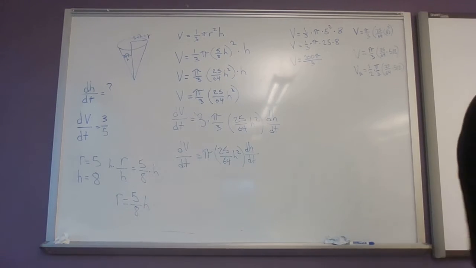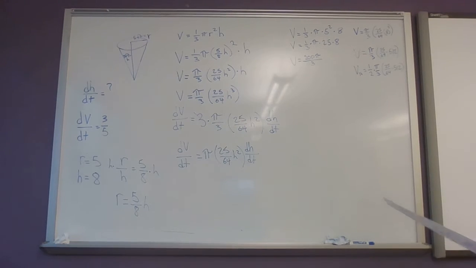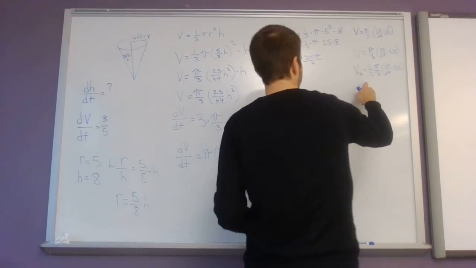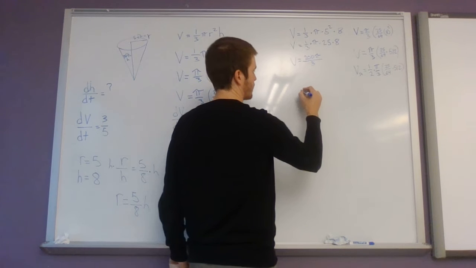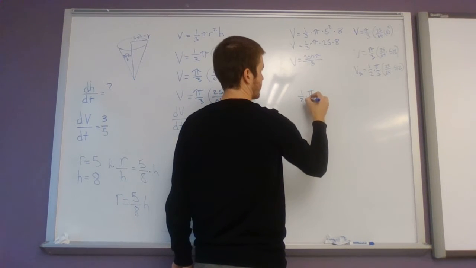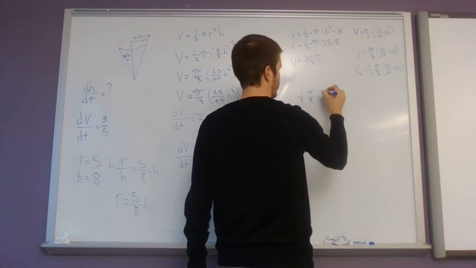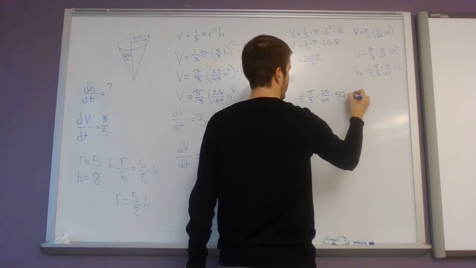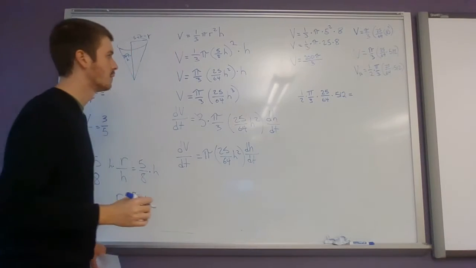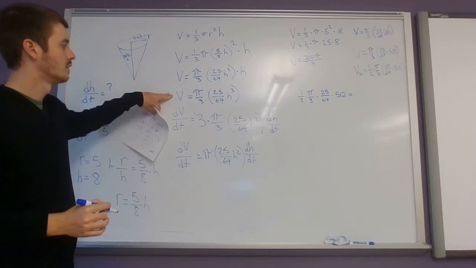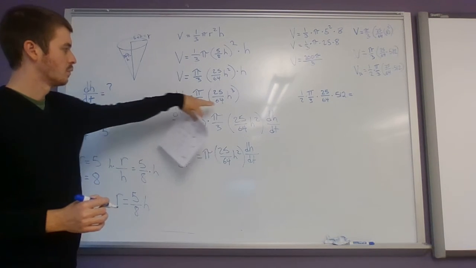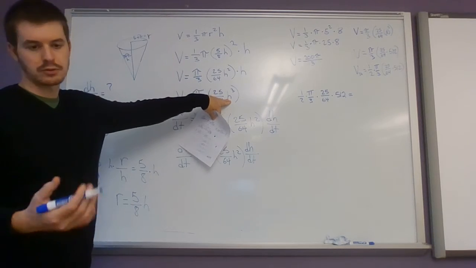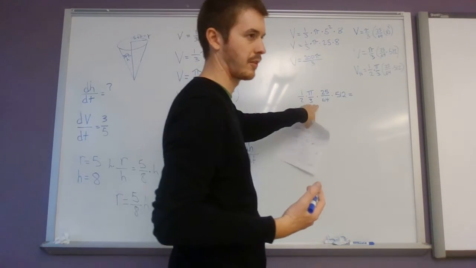From here, now we need to actually do a little solving. So we're going to take this value that we just got and set it equal to our volume with height unknown, because we're trying to solve for our height with this specific volume.